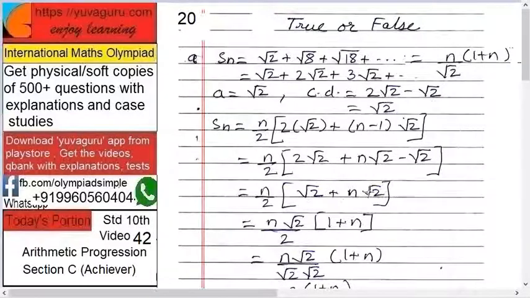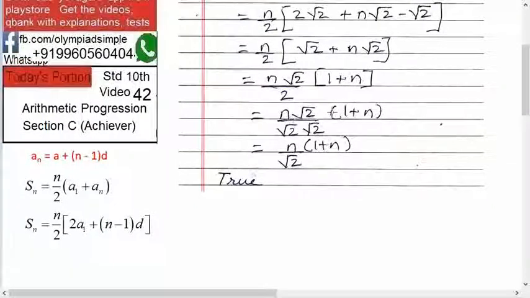Therefore root 2 plus n root 2, and n upon 2 as it is. So take root 2 common. So n root 2 upon 2 into 1 plus n. What we are solving? We are solving Sn, right? So this root 2 and 2 can be cancelled. So n root 2 upon root 2 into root 2 into 1 plus n. Solve this. It becomes n upon root 2 into 1 plus n.